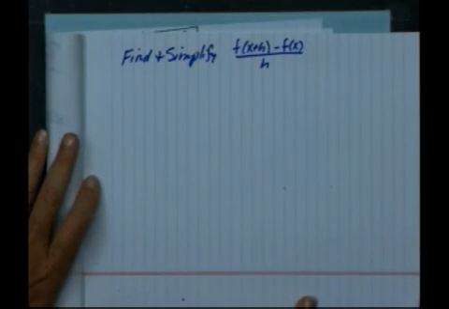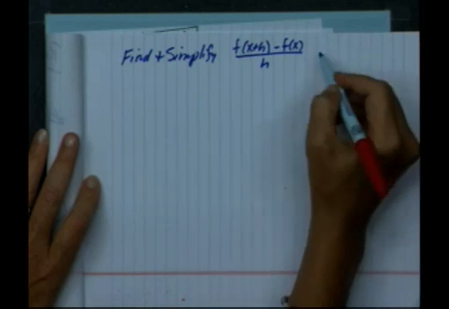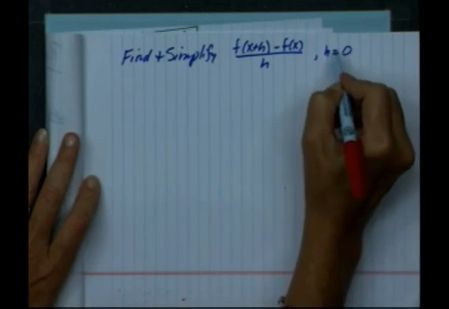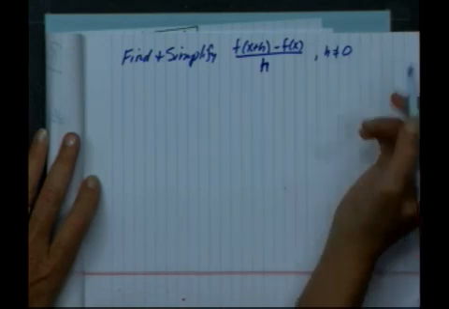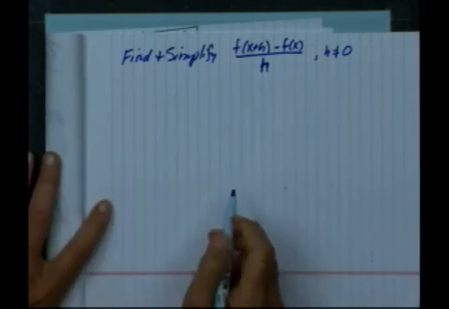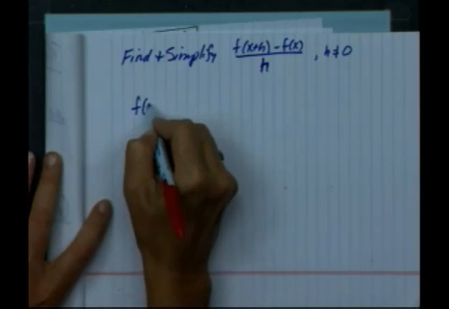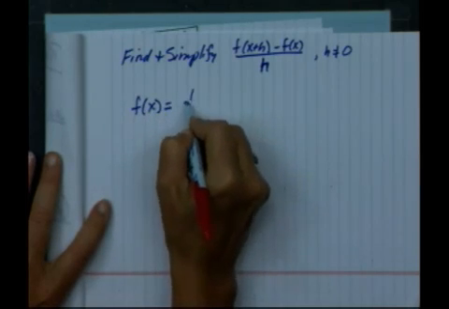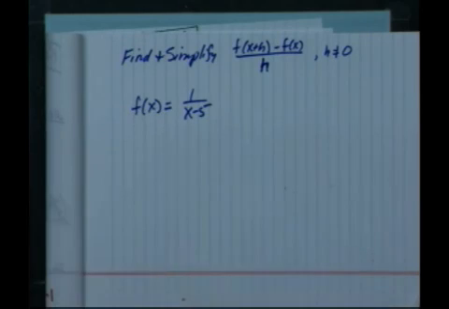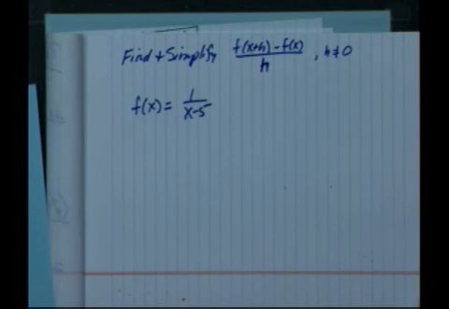By the time you do a few of these, you've got it memorized anyway. But in calculus, you do have to memorize, but not for my test. The problem this time is the function f of x equals 1 over x minus 5. We did one similar in class, but want to go back and look at this again.